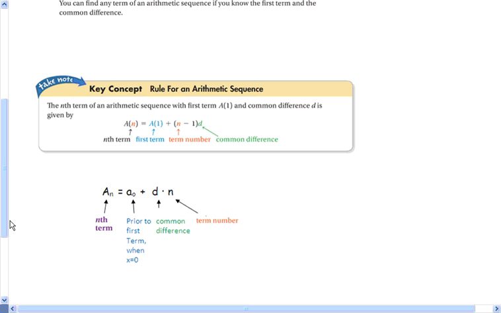Written in function notation, the nth term is equal to the first term plus the term number minus 1 multiplied by the common difference. Or, I like this one better, the nth term, which we can write in function notation also, is equal to the 0th term, which we're used to.